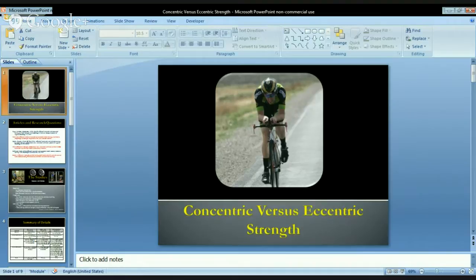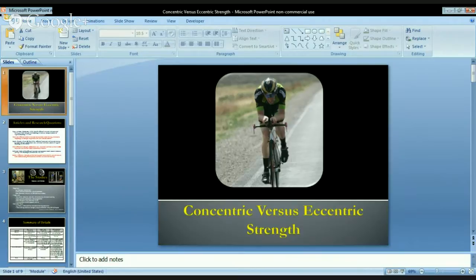For Higbee, again, they asked what differences in strength and cross-section area and neural activation are there between concentric and eccentric muscle contractions. So what's important here for us to know in answer to that question is that training eccentrically improves concentric and eccentric strength.